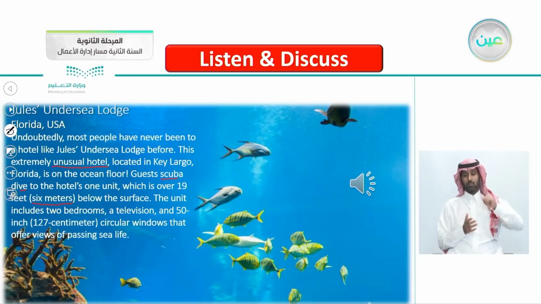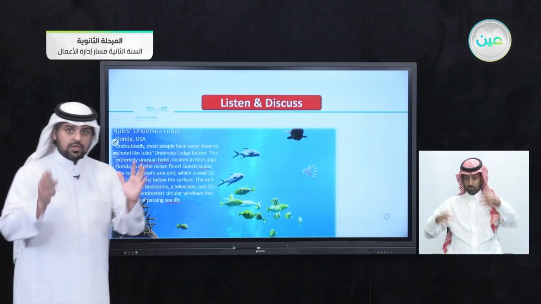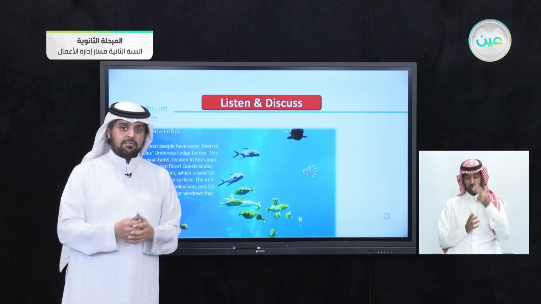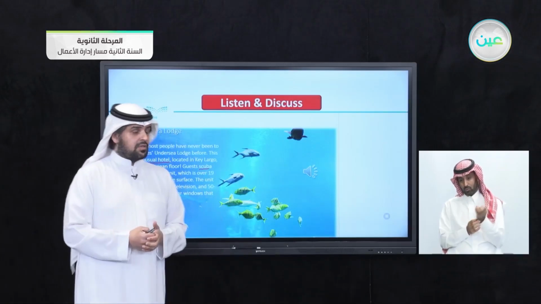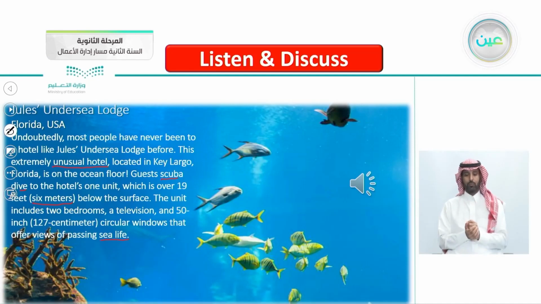The unit includes 2 bedrooms, a television, and 50-inch circular windows that offer views of passing sea life. Through the window, you can see the sea life, the fishes, maybe the whales, why not? Does this hotel interest you?